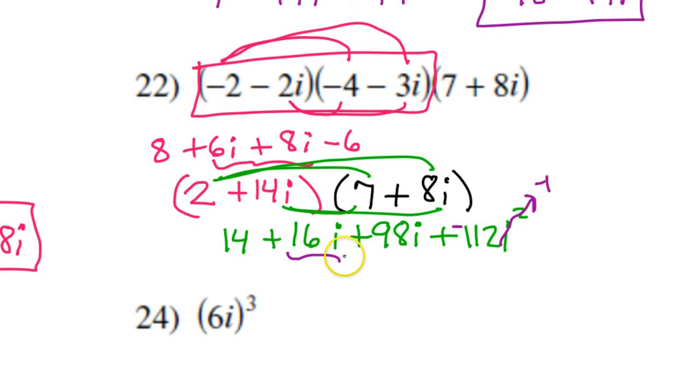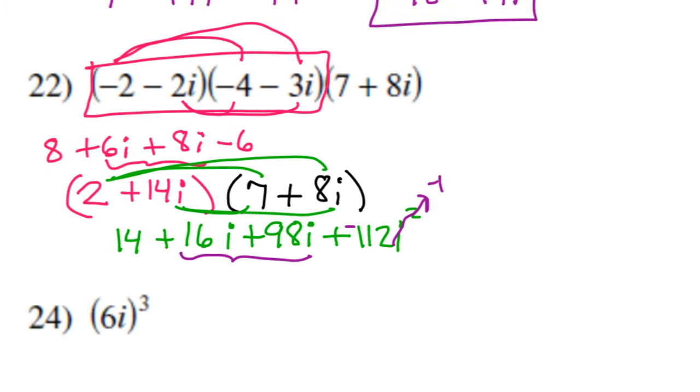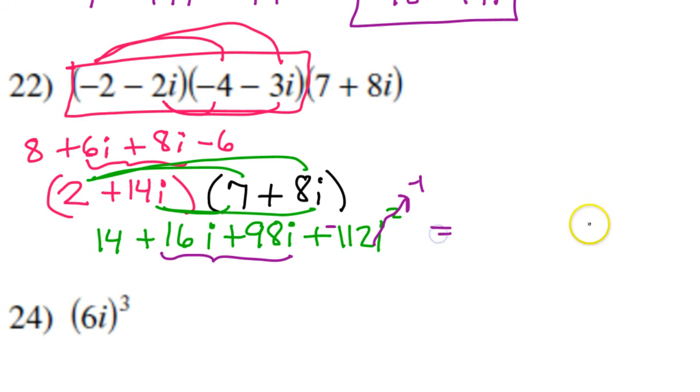If I put these together, 16 plus 98, that's 114, so I've got 114i. Now if I put these together, 14 minus 112, that's going to be negative 98.